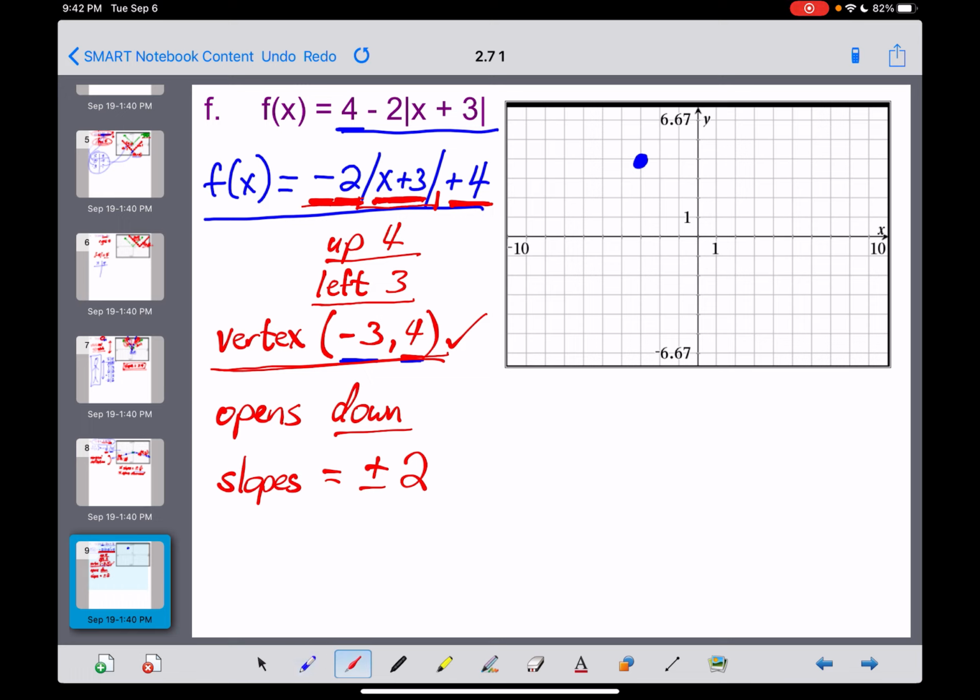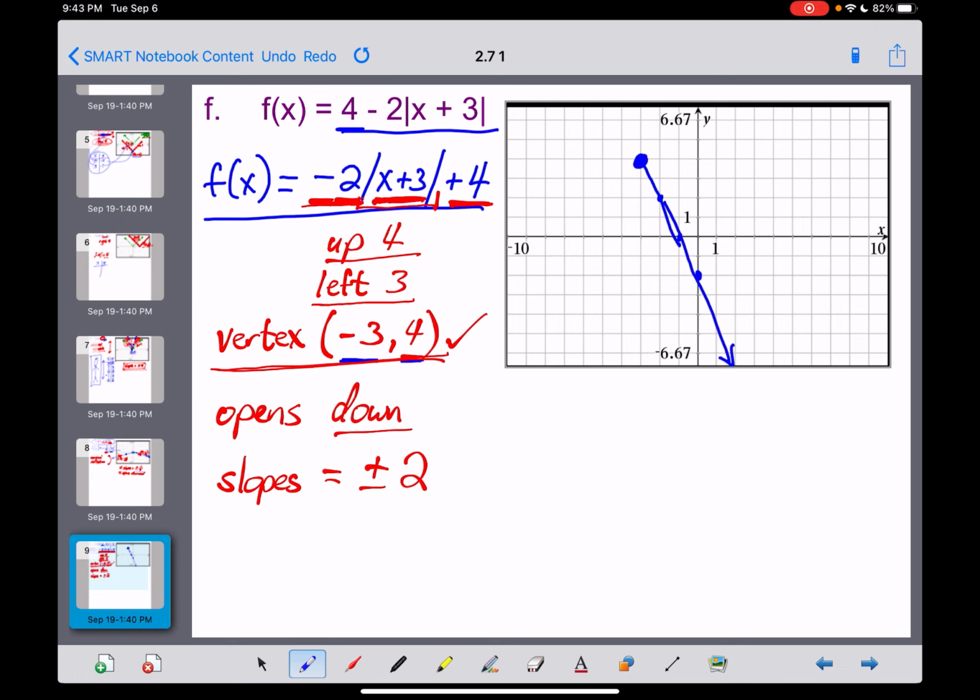We know that it opens downward, so it's not going to do this, everybody. That would be opening up. What we're doing instead is something that's going to open downward like that, but I've got to be careful and get my slopes right. For a slope of -2, I'm going to go down 2, right 1. Down 2, right 1, down 2, right 1. And that's probably enough to give me the right-hand ray.